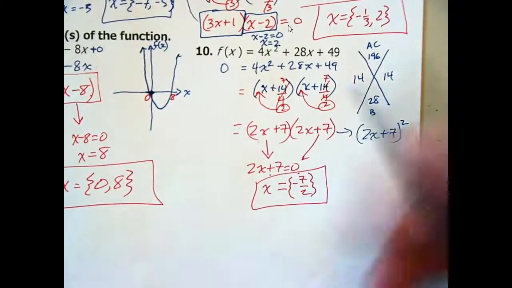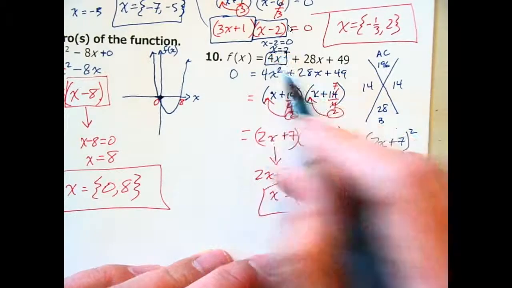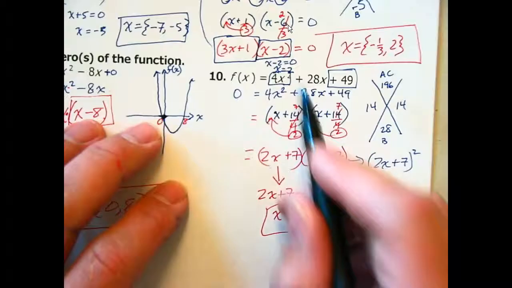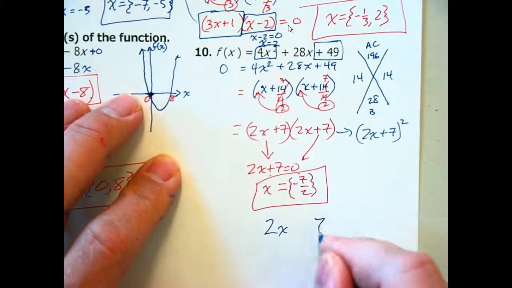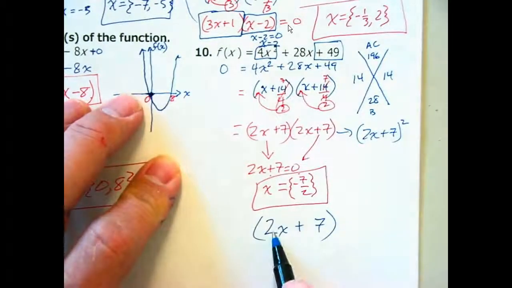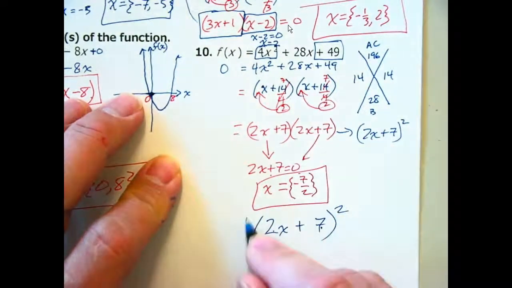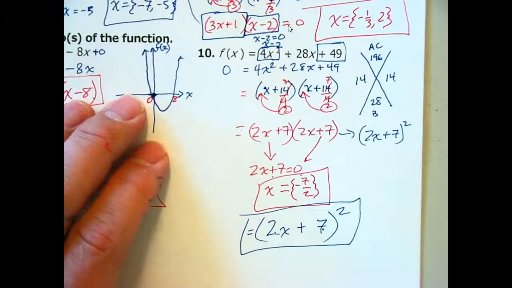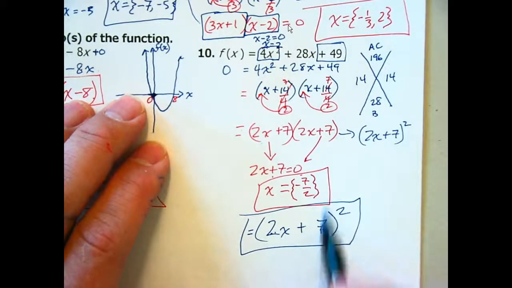Really, when I'm looking at a quadratic and I note that the front is a perfect square and the back is a perfect square, I'm going to take the square root of that, 2x, and the square root of that, 7, and ask myself, if I put that sign in the middle, 2 times 7 is 14, doubled is 28. If that's true, you're done factoring. 2x times 7 is 14, doubled is 28.